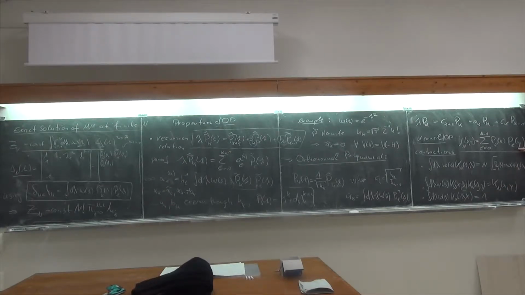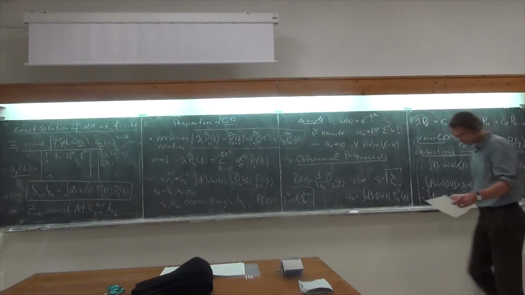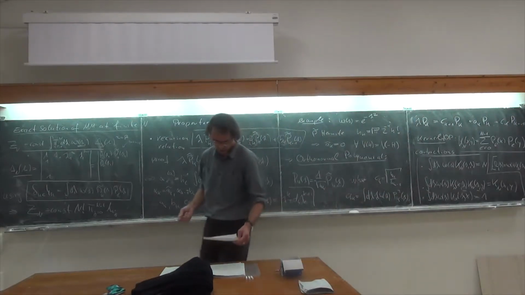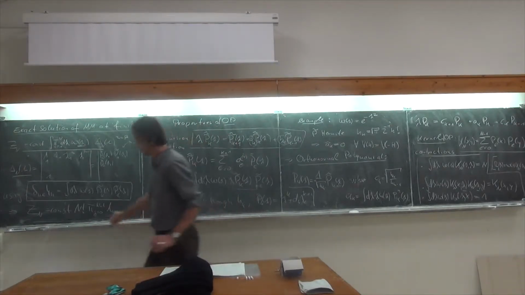Pn of x is something constant, so it's proportional to the zeroth polynomial in lambda. And that's why you only get a contribution from that first order term. Okay, so these are the properties that our kernel has. And we can use them in the following.